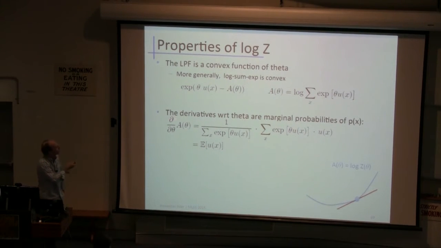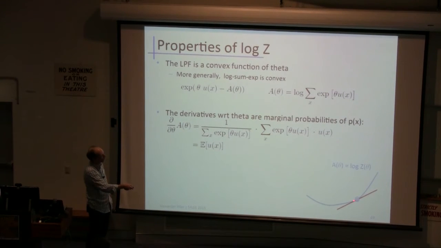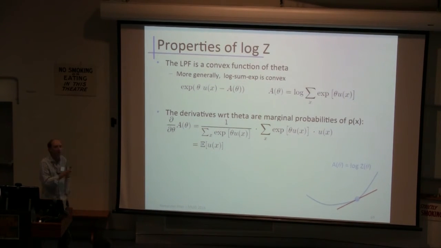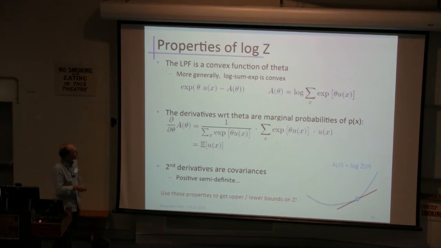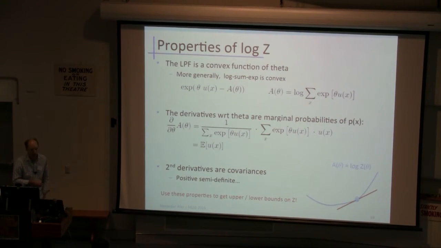So in fact, the derivatives of the log partition function are the marginals of the distribution specified by theta. So if we're at a particular model theta and we look at the derivative of the log partition function, it's actually the marginal probabilities of our model. And in fact, the second derivatives correspond to covariance structure, which is another way that one can prove that this is a convex function. So this convexity property gives us a nice way to get upper and lower bounds on this partition function.